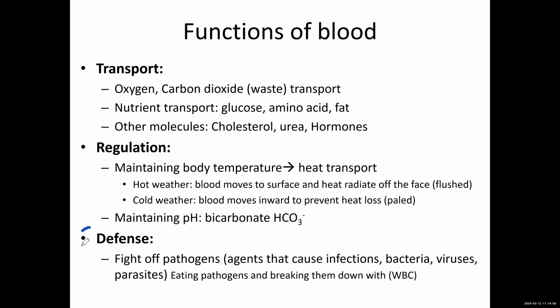Another function is defense, fighting off pathogens. In your blood you have red blood cells, because transport is due to red blood cells and plasma. For example, carbon dioxide is transferred in plasma, and oxygen is mostly transferred inside red blood cells. But you also have white blood cells, and those fight pathogens.